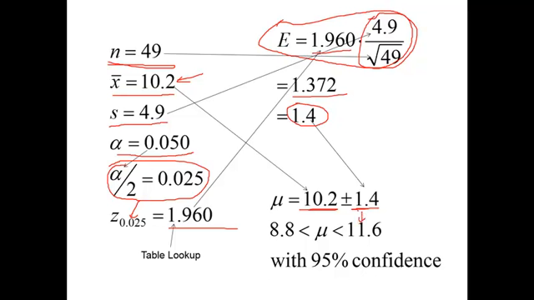It might be a little high, so you subtract 1.4 and get 8.8, and so mu is somewhere between 8.8 and 11.6 with 95% confidence.